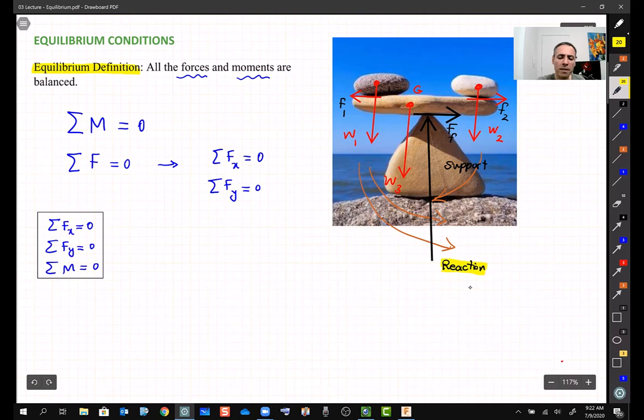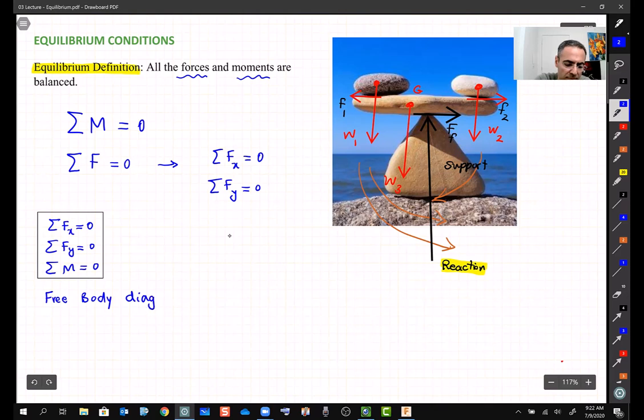How can we find the reaction forces using these formulas? It's a process which we call free body diagrams, all right? Let me write it down here. Free body diagram, which in short we are going to write down as FBD, okay?